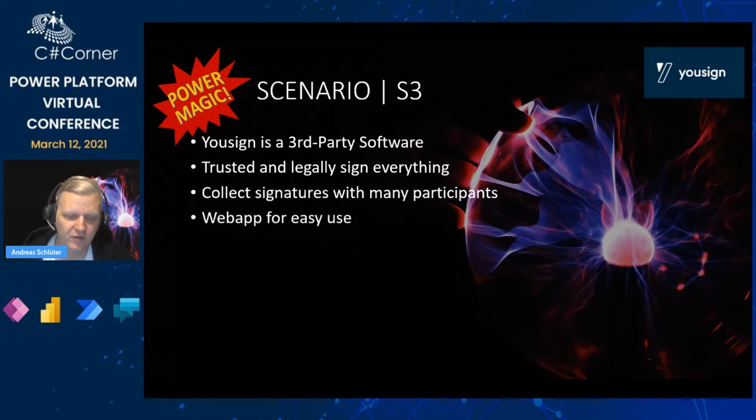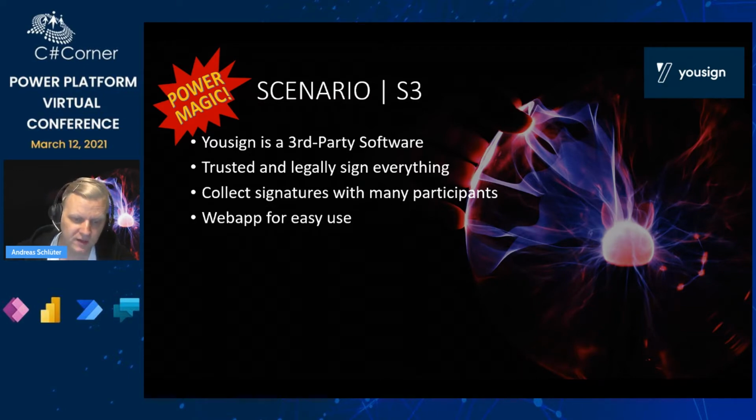For regular use, maybe you know Adobe Sign or something like that. They also have a web app where you can store your document. You can say the employee has to sign in this area, and then he gets a notification to sign his document.